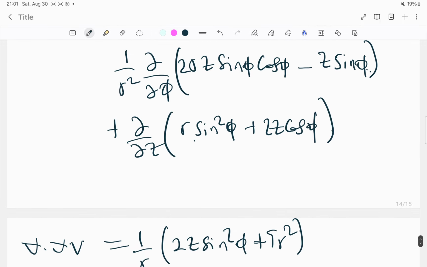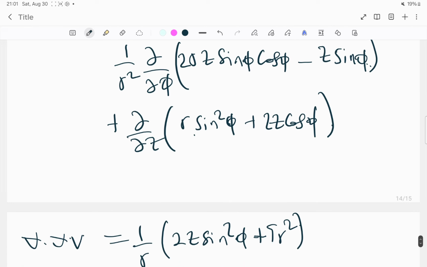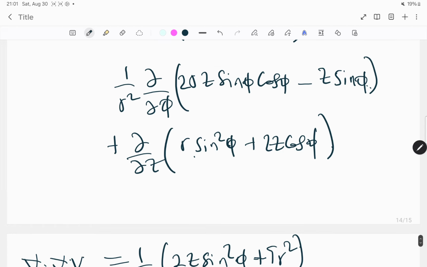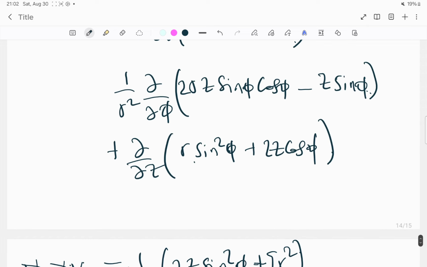So what do I get in that case? Or what we can do, we can replace this. If we do replace this part, sine phi cos phi, it's going to be the same as what this is in mathematics.